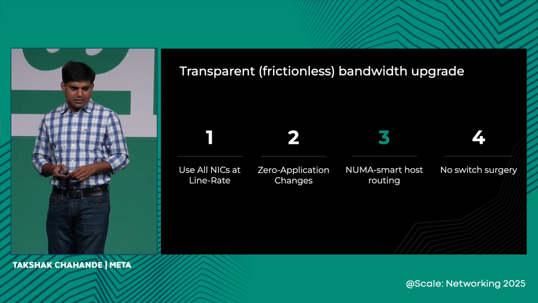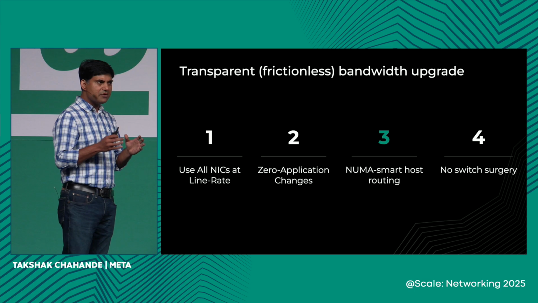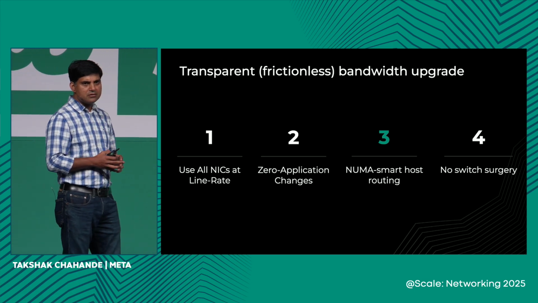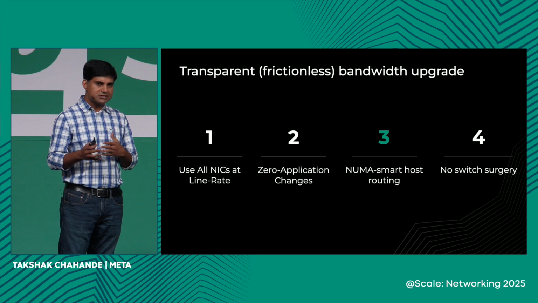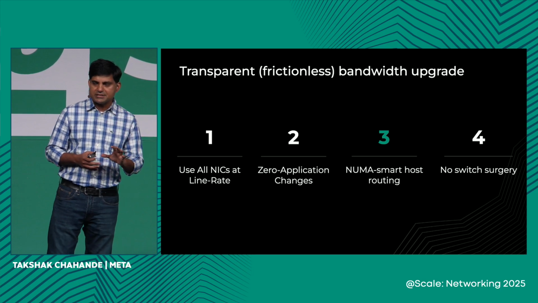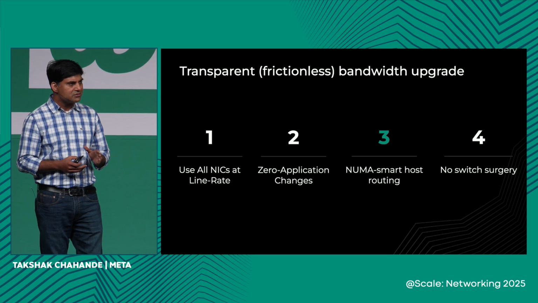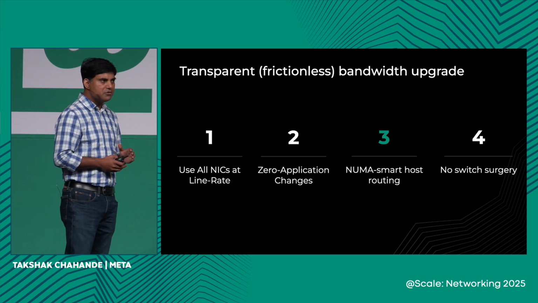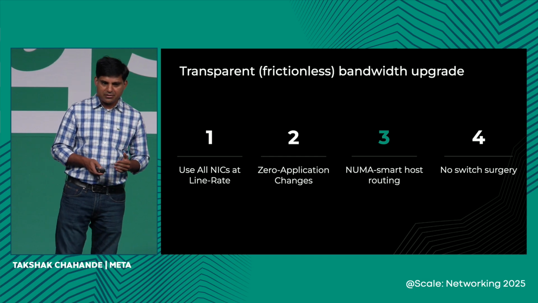The third thing, which is also very important: with bigger hardware, the resources get divided into multiple NUMA nodes. If we have cross-socket communication, the latency hits and the throughput drops. We have to make sure that the solution we build is NUMA aware or NUMA smart.